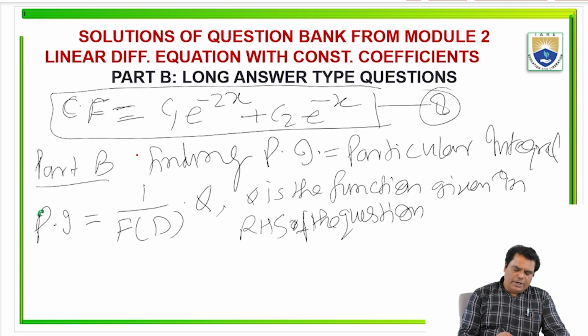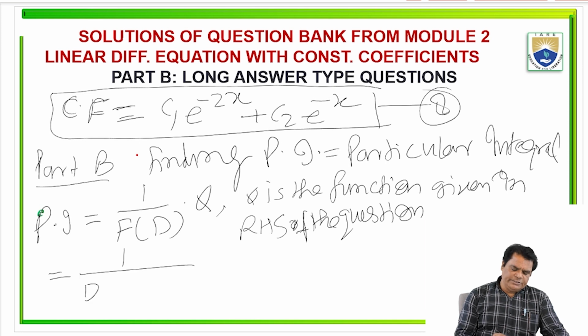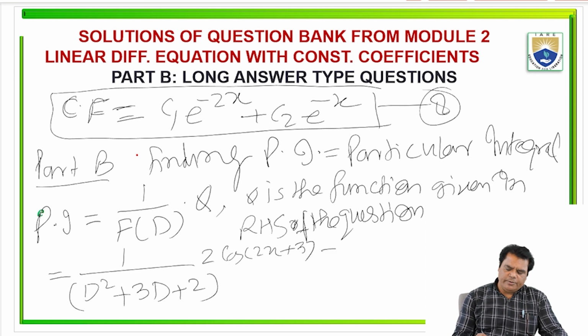Okay. So now putting F(D). F(D) means function in D. So that is D square plus 3D plus 2, into 2 cos 2x plus 3 plus 2e to the power x plus x square.